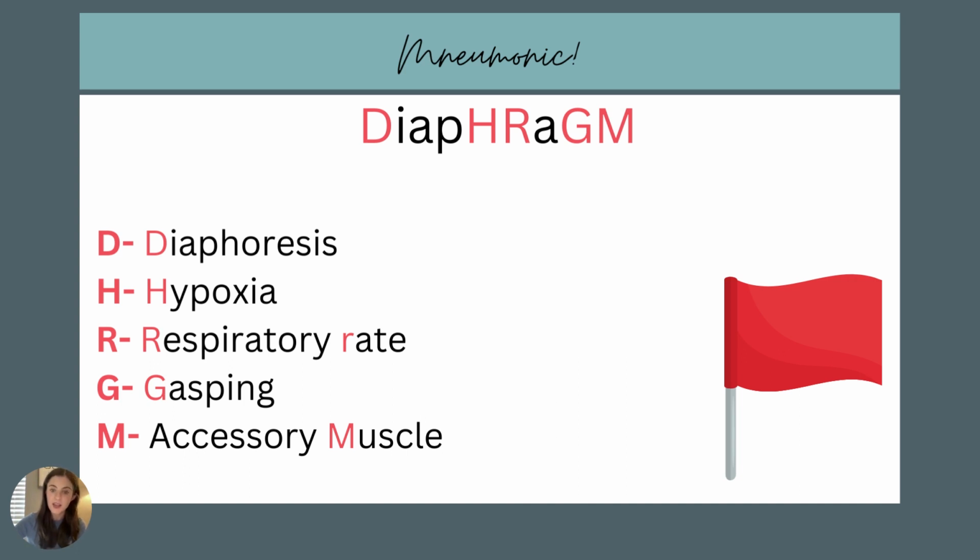We see this in a client that's having trouble here and increased workload for breathing. And this helps me assess my client for any change in status and for any symptoms that may indicate respiratory distress. Now remember, the earlier we intervene, the better, as the client can go downhill quickly.